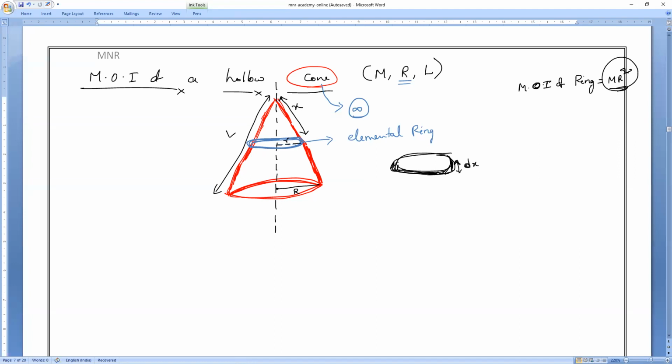So the moment of inertia of a ring is mr square, which we have already studied, when the axis of rotation is perpendicular to the surface and passes through the center of mass. So I have taken one slice of this hollow cone, which has a radius r, and the thickness of that particular part is dx.